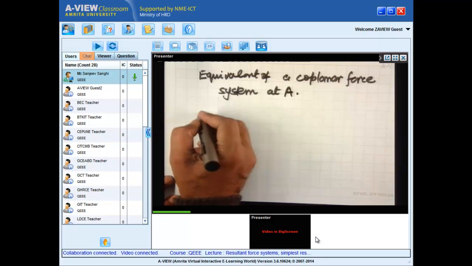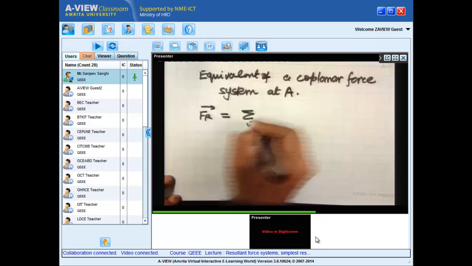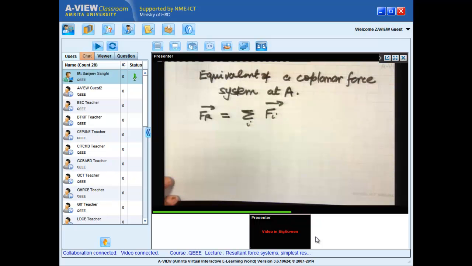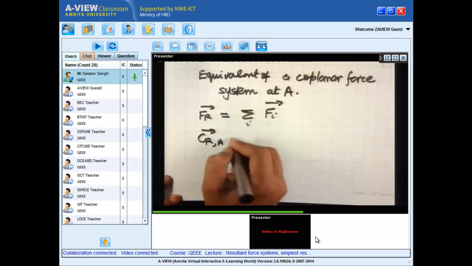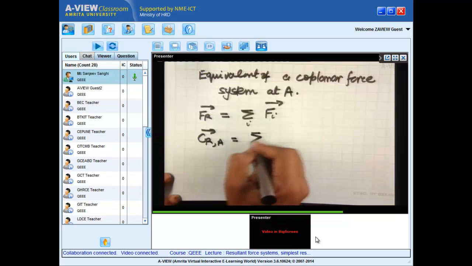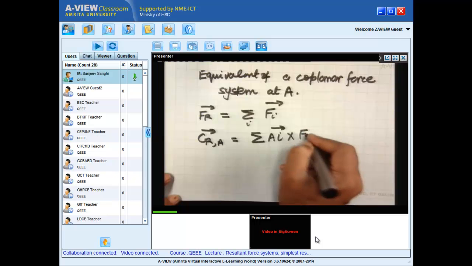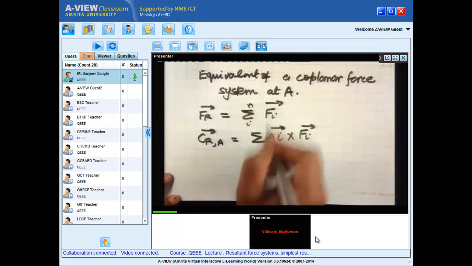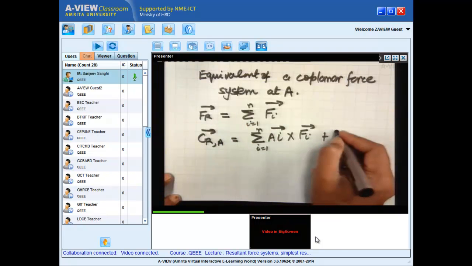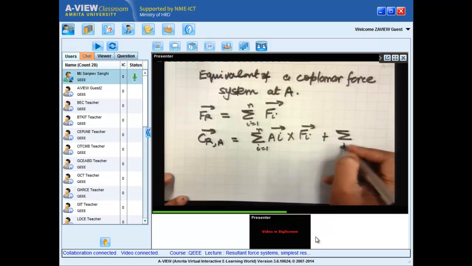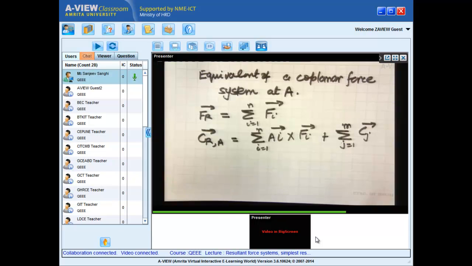Then the resultant force Fr will be the sum of Fi, and the couple resultant at point A will be equal to the sum of Ai cross Fi, i going from 1 to n, plus sigma j going from 1 to n of couple Cj, the same old formula which we have used.